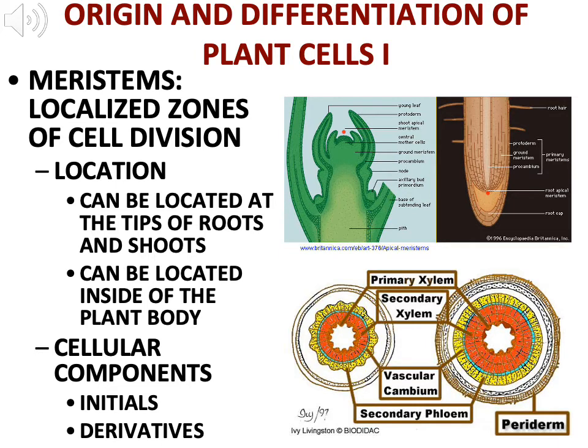That's where all of these things called initials are located. And as they divide, they're going to create derivatives. And those derivatives are going to make up all of the other cells of the stem, all the other cells of the leaves that are starting to form. You could draw a little arrow and indicate that thing is growing upwards towards the top of the slide. So as the cell divisions are occurring, it's growing ever upwards.